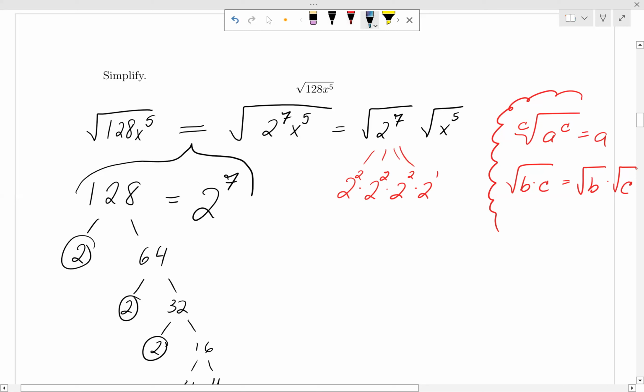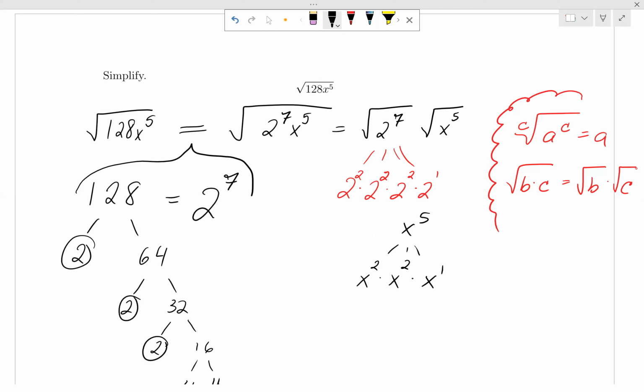And I'm going to do the same thing with the x to the fifth. I can factor it as x squared times x squared times x to the 1.